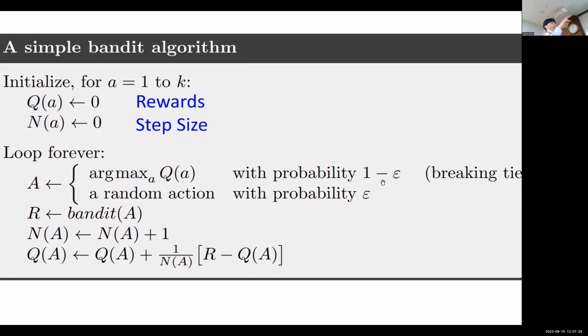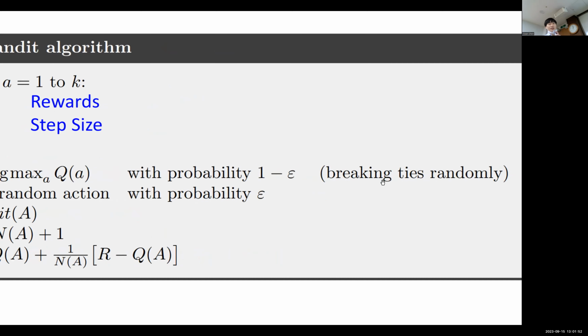It is possible that you get two actions with the same value. Then in practice, we just add some very small random number to the equal action values, then randomly select one. So we break the tie randomly.